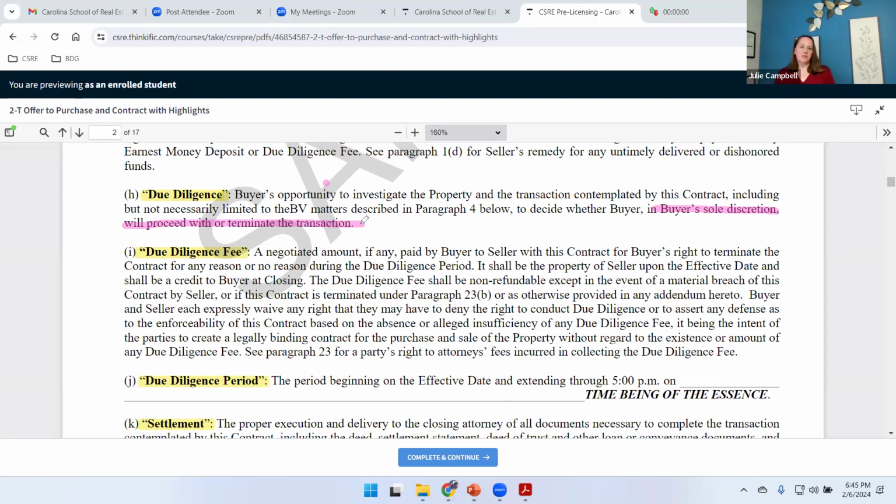Then we get into the due diligence fee, which is a negotiated amount, completely up to buyer and seller. You guys, there is no formula. I know this is hard for new agents because you want some kind of help. You want some kind of rhyme or reason, like 10%. It's whatever the buyer's willing to offer and the seller's willing to accept.